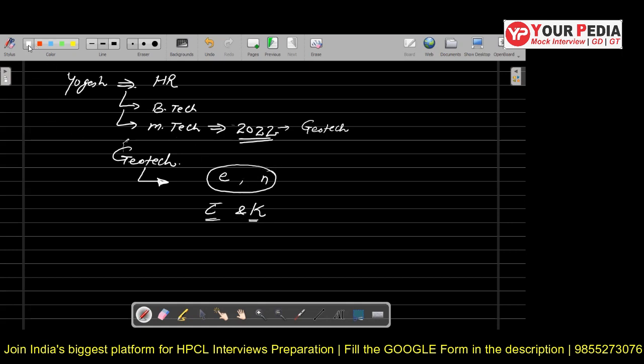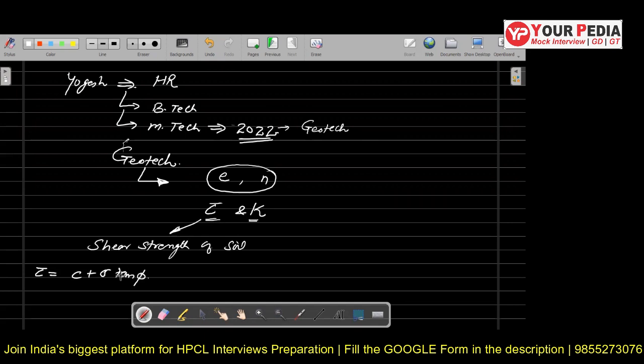Can you define the meaning of the shear strength of soil? Basically, sir, shear strength is the resistance offered by a soil against shear failure, by the soil particles. And how will you calculate the shear strength of soil? For that, we have a formula: C plus sigma tan phi.